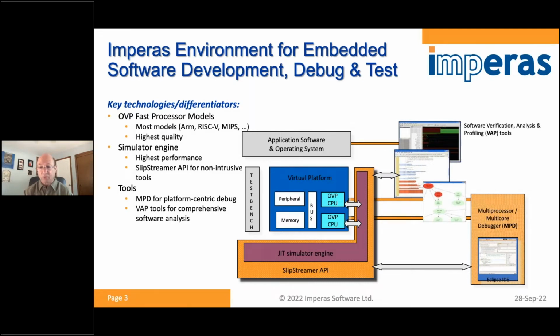We actually support 15 different instruction set architectures. The simulator engine is the second key piece of technology. This is the fastest, the highest performance simulator on the market, typically running at about 500 million instructions per second. It also has the Slipstreamer API for building non-intrusive tools.